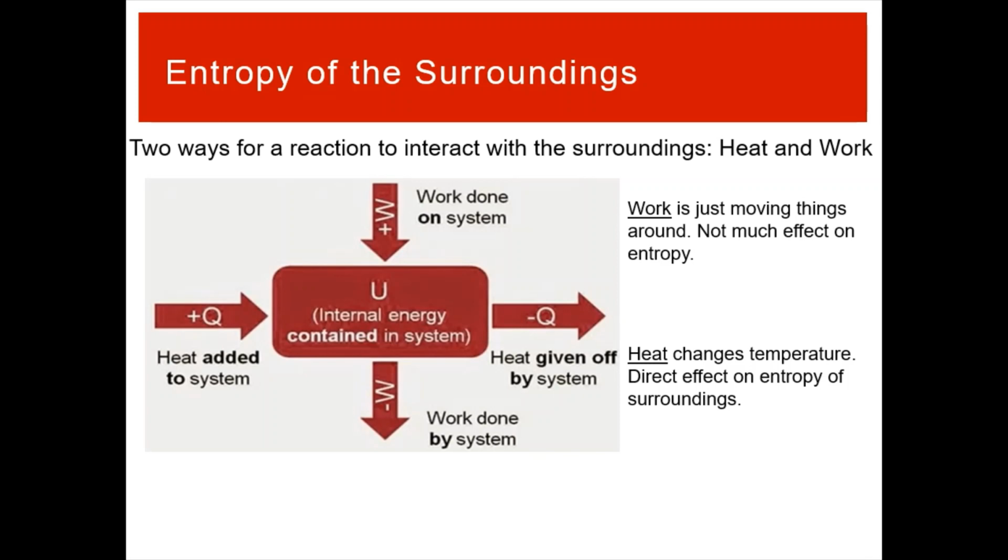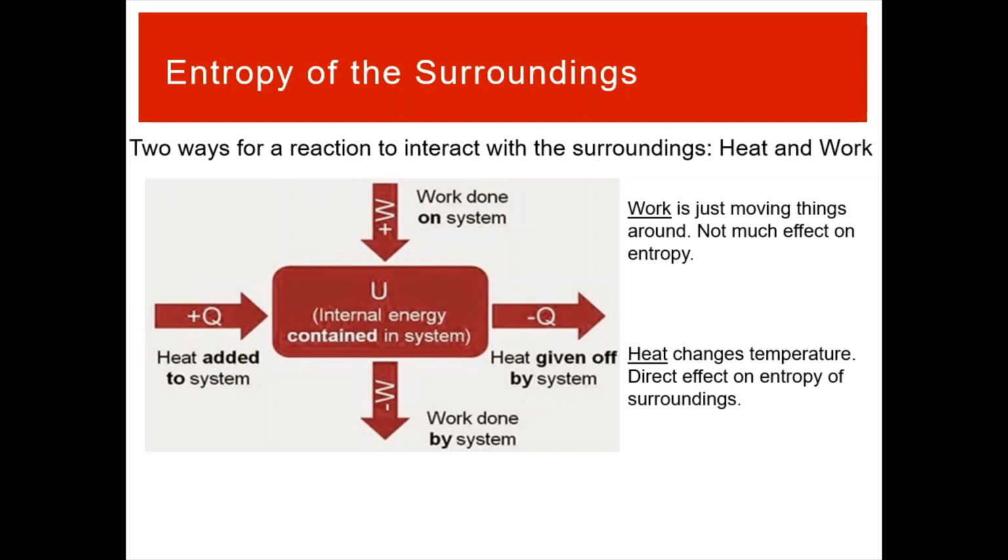It is directed motion. If a chemical reaction does work on its surroundings, that doesn't really change the entropy of the surroundings. If you form a bunch of gas and there are bubbles forming, they're just moving water away, but they're not really changing the entropy of the solvent that you're in.